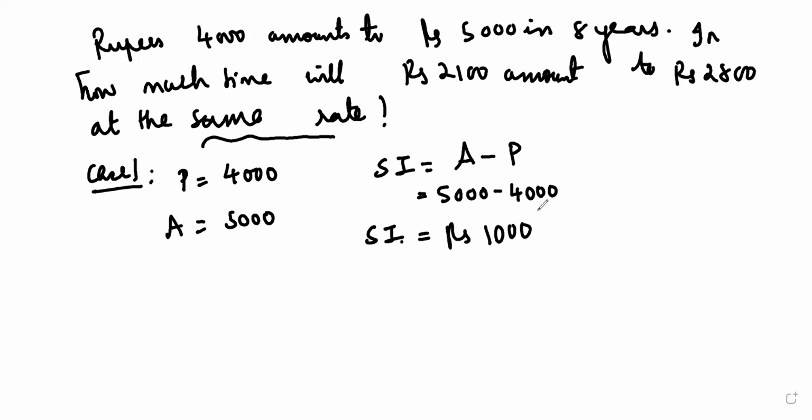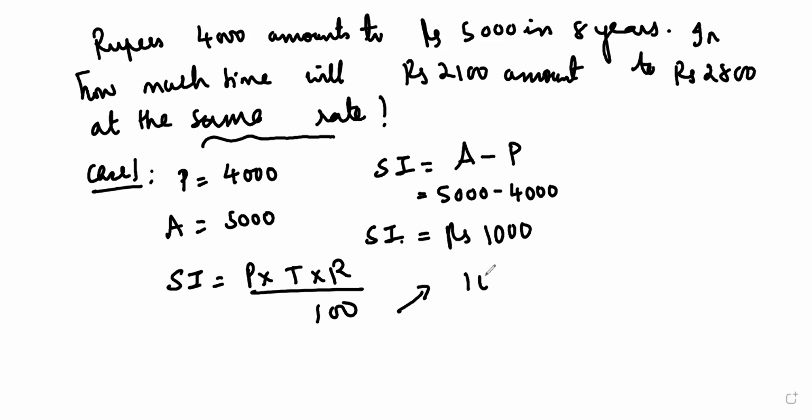So we have the formula, SI is equal to P into T into R upon 100. We'll deploy that here. SI is 1,000, P is 4,000, and T is 8 years in the first case, into R, which I don't know.